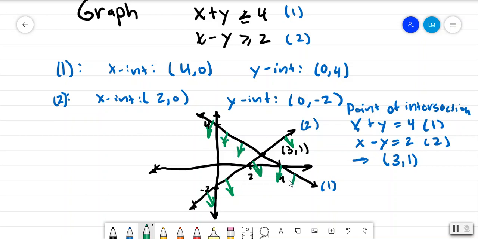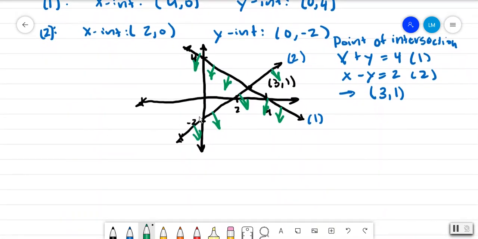But what you want to do here is shade the region where it's overlapped. In that case, the overlap is going to be right over here, where it's bounded by these two boundary lines.